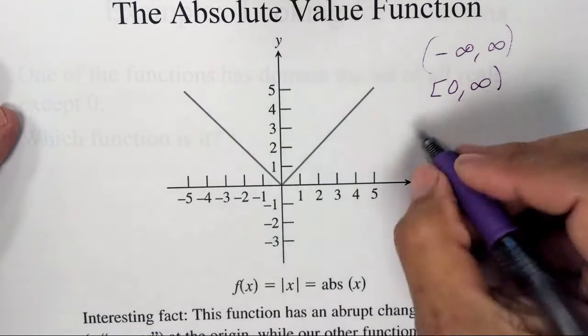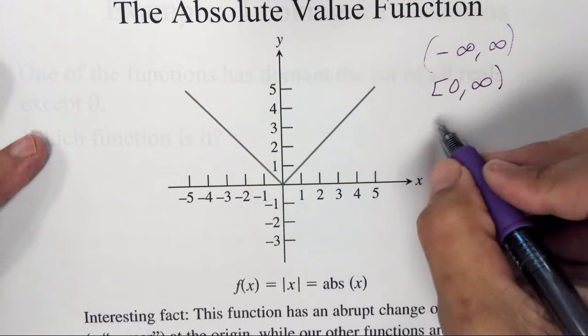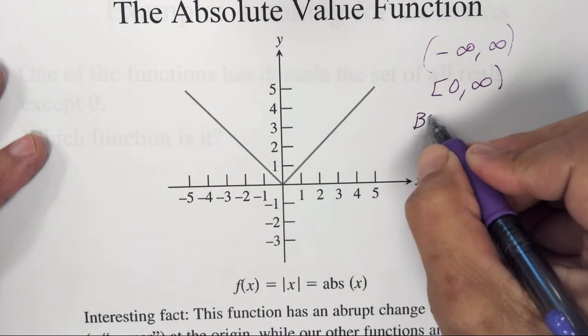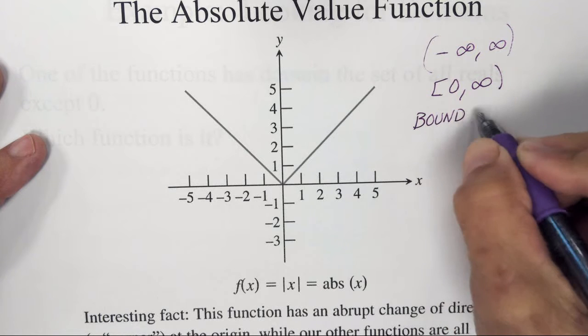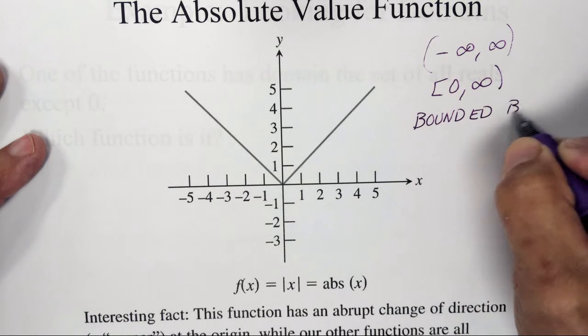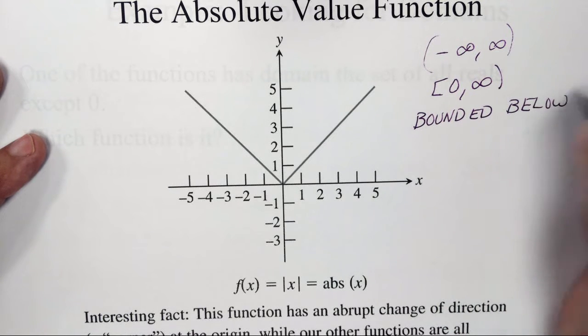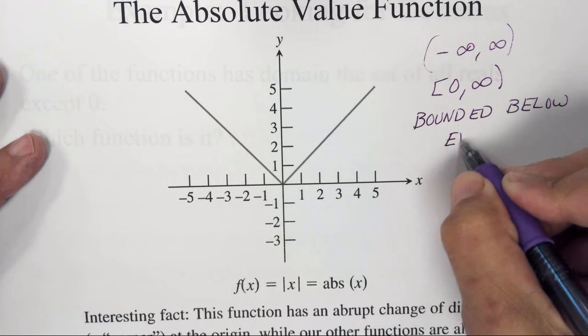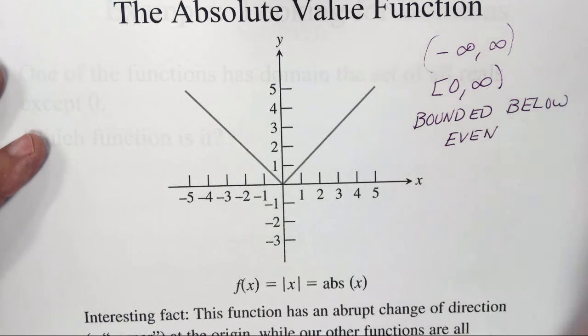Bounded above, below, or neither? This one would be bounded below. Odd, even, or neither? Even, because you can reflect over the y-axis.